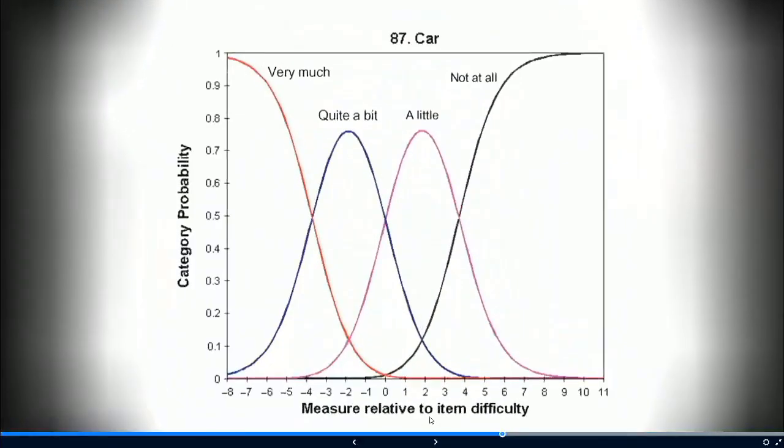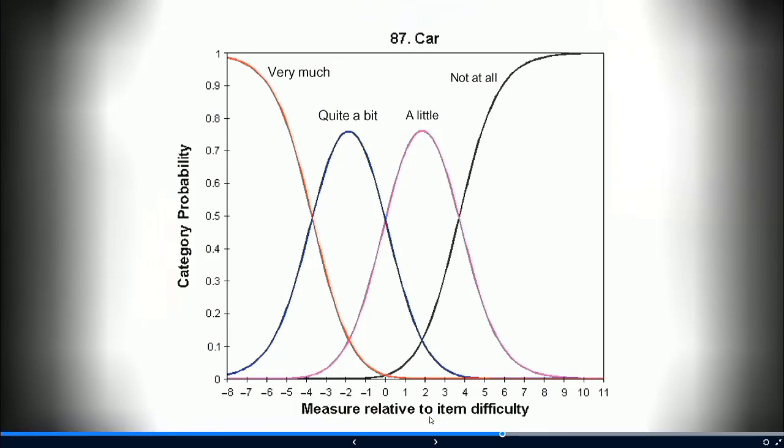That's not very good. So here's one item, okay, or one test for cancer, one biomarker. And if we look at this one item, we see that the lower endorsed area, where they answer very much, is well represented because the curve goes up to the top for the red curve.